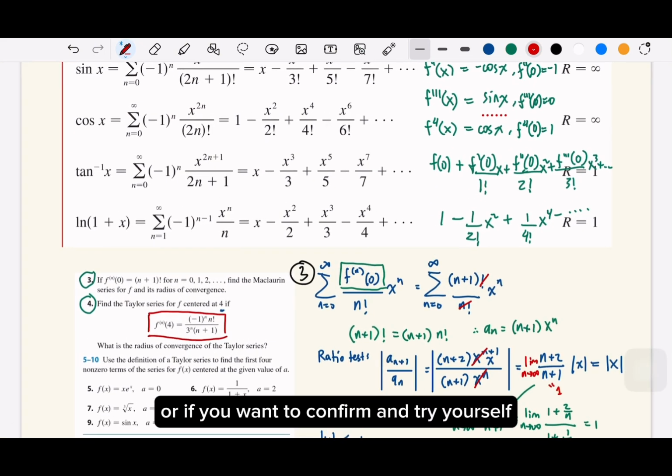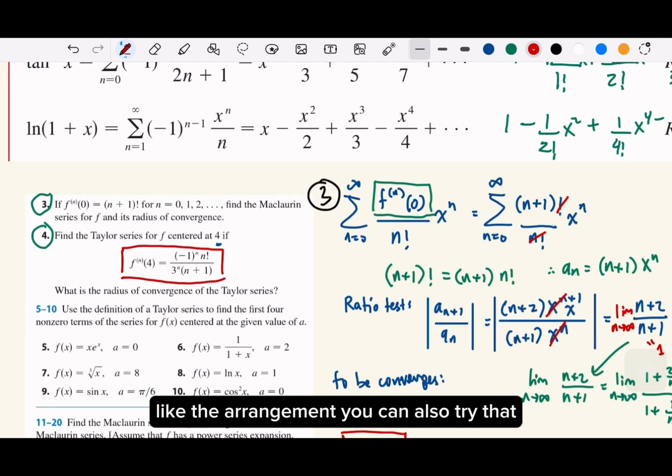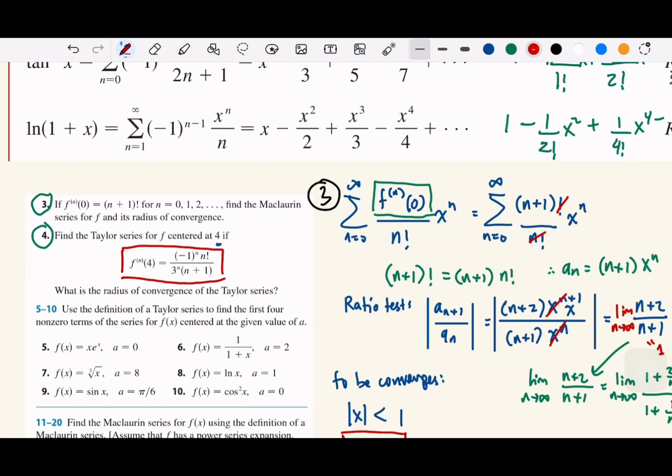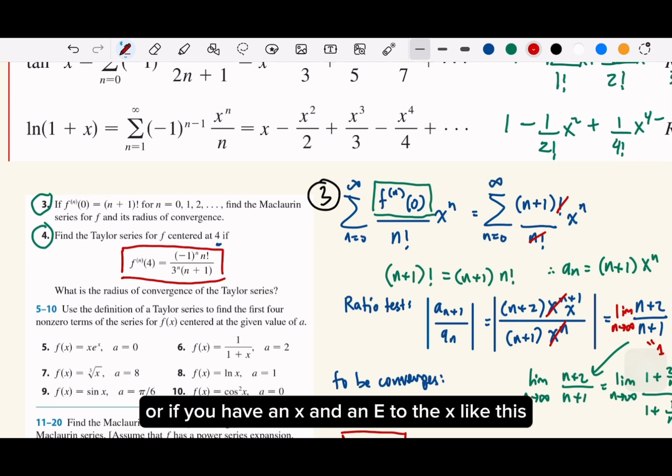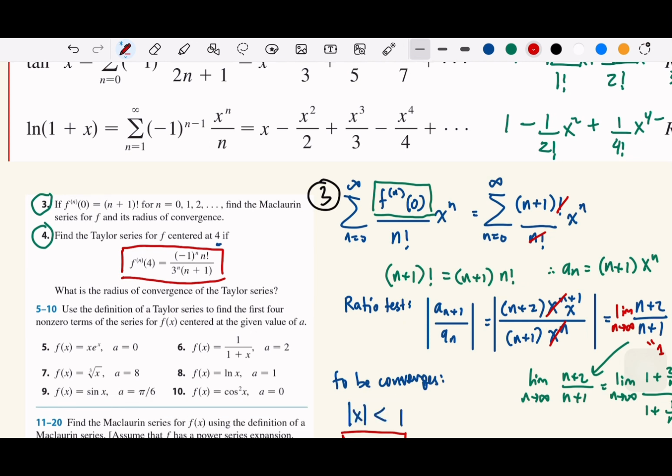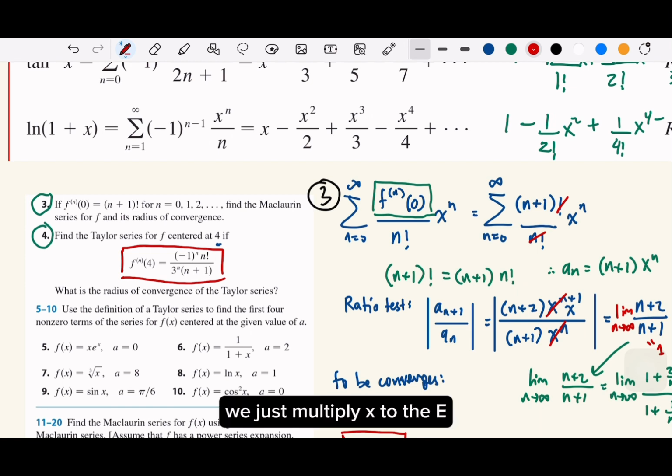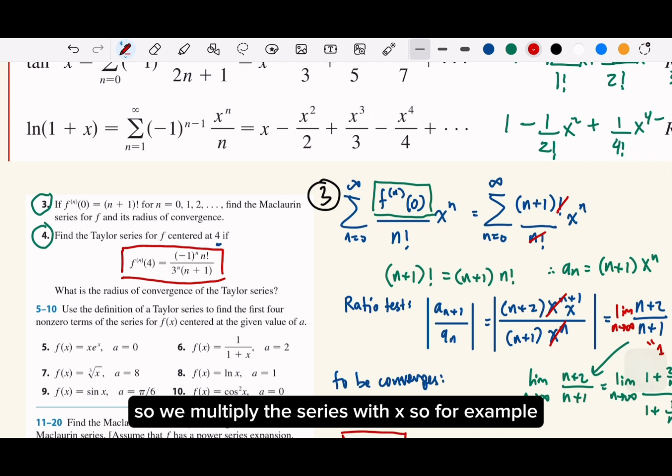Or if you want to confirm and try yourself, like the arrangement, you can also try that. I suggest you become familiar with the process. Or if you have x times e to the x like this, it means that we just multiply the series with x.